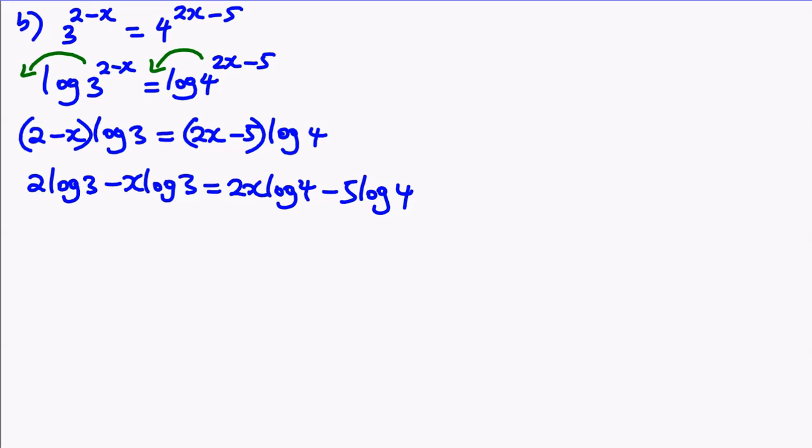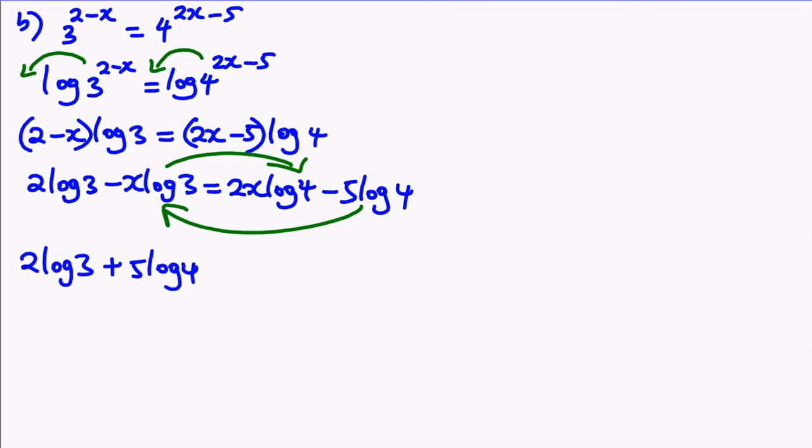And you'll end up with, because I want to solve for x, I'll move this term to the right and I'll move this term to the left. So what I'll end up with is 2 log 3 plus 5 log 4 is equal to 2x log 4 plus x log 3.